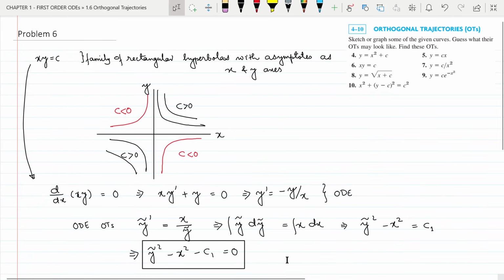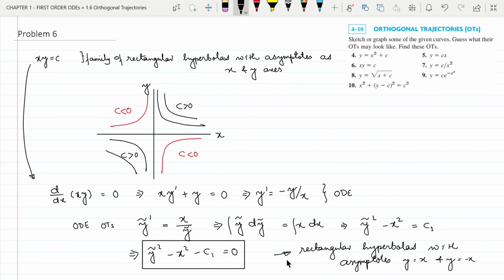This rectangular hyperbola has asymptotes as two straight lines which are y equal to x and y equal to minus x. So this is an equation of a rectangular hyperbola with asymptotes y equal to x and y equal to minus x.